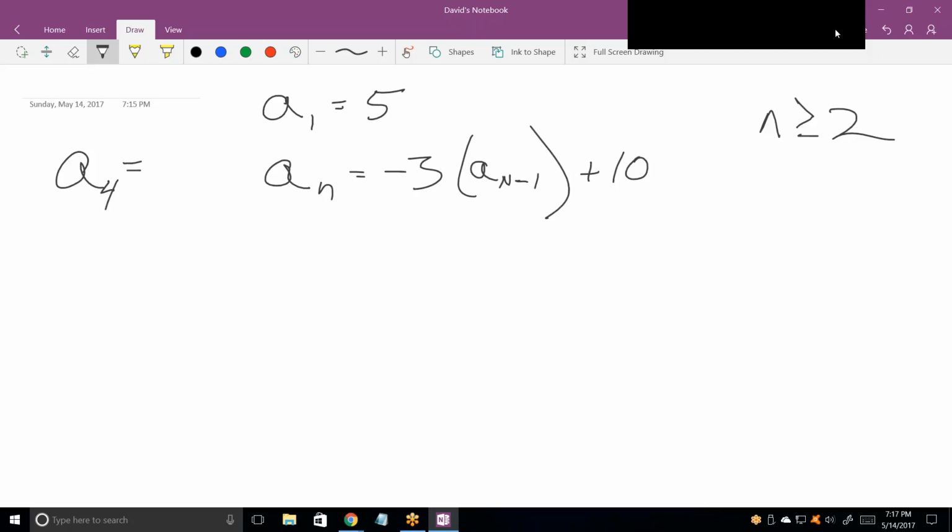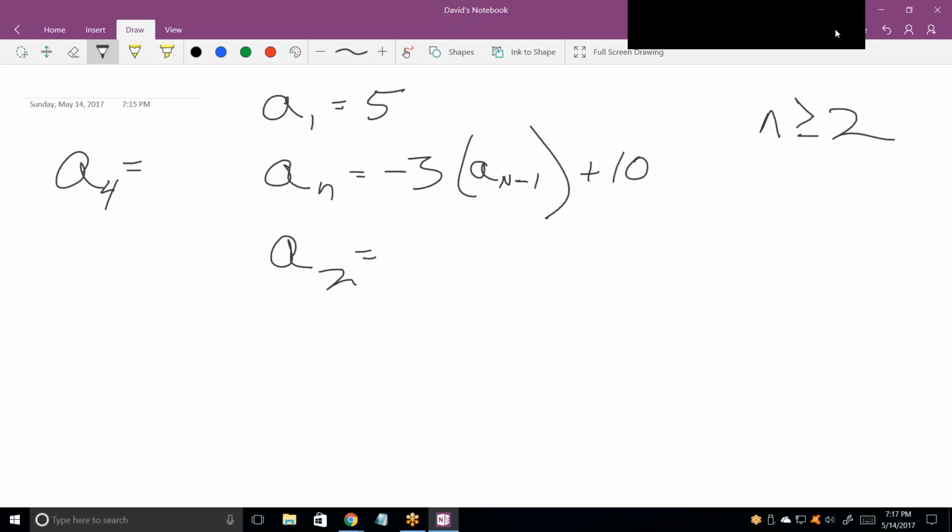To know the third term, you need to know the second term, and so forth and so on. If they would have given us the third term, then the fourth term would have been a piece of cake. So, let's see. What's a sub 2? We'll just do it the hard way. There may be an easy way to do this, but I'm not sure what it is.